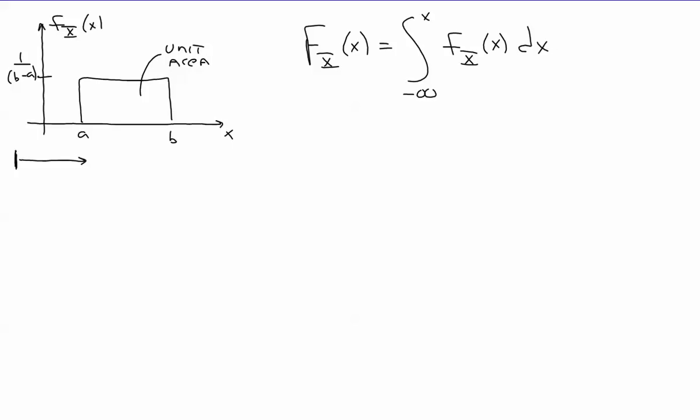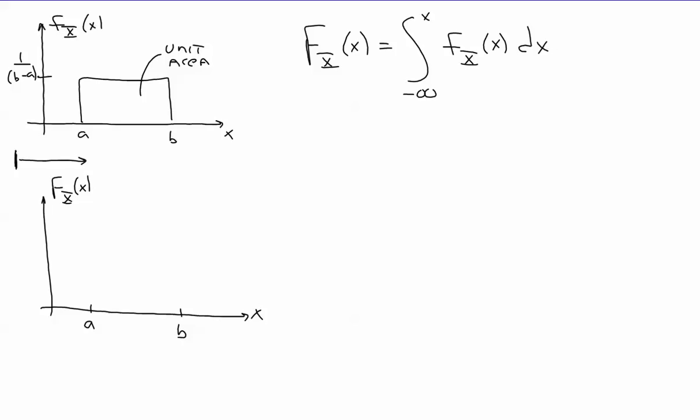So hopefully you would see then that my cumulative distribution function is going to look something like this. This will be point A. This will be point B down here.